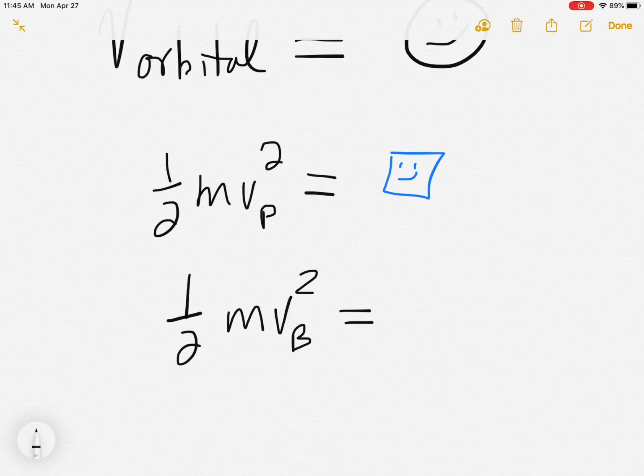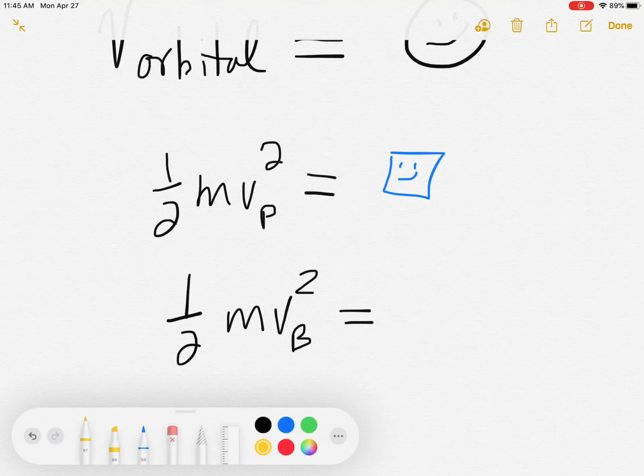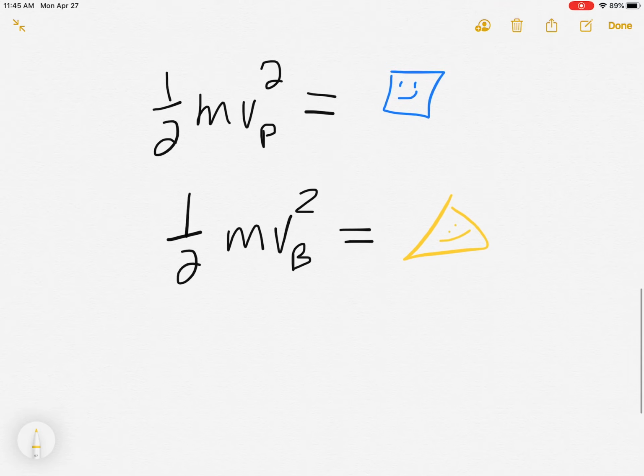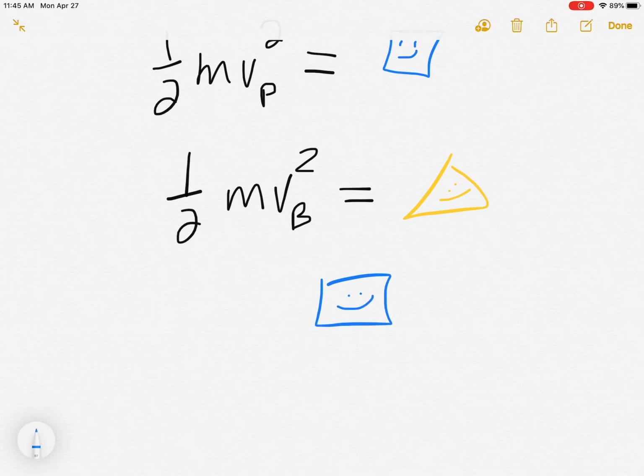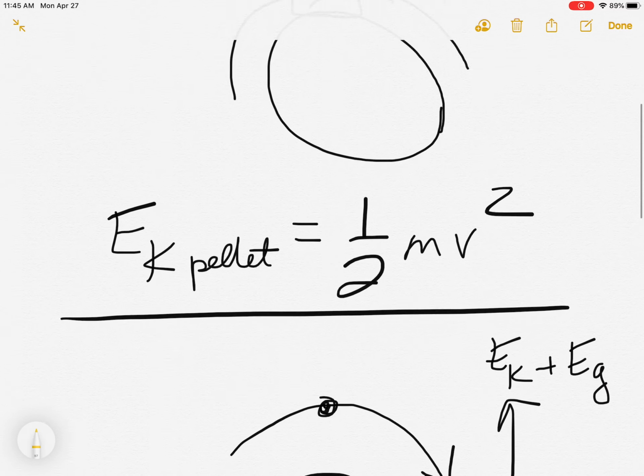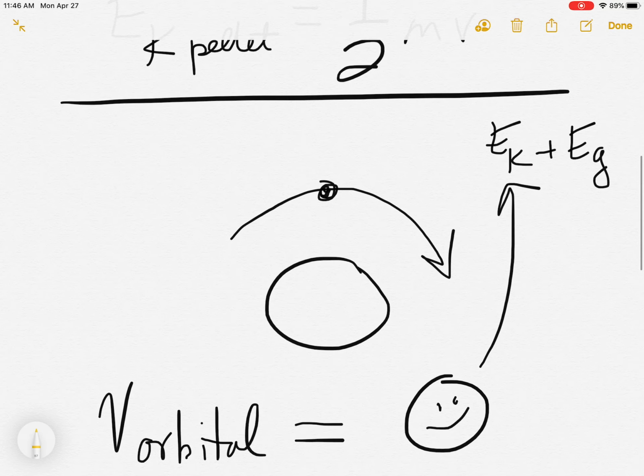That's going to give you a nice happy number of kinetic energy, and then you're going to do the same thing for the bullet from the rifle. That's going to give you another happy number of kinetic energy, and then you're going to compare the two. Compared to, and simply that.